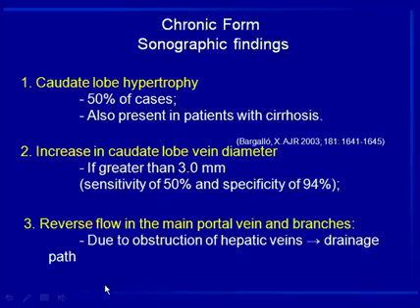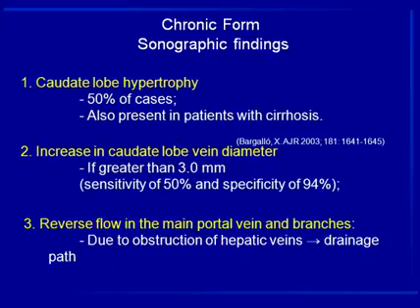Chronic form sonographic findings. Caudate lobe hypertrophy is identified in 50% of cases, and it's also present in patients with cirrhosis.